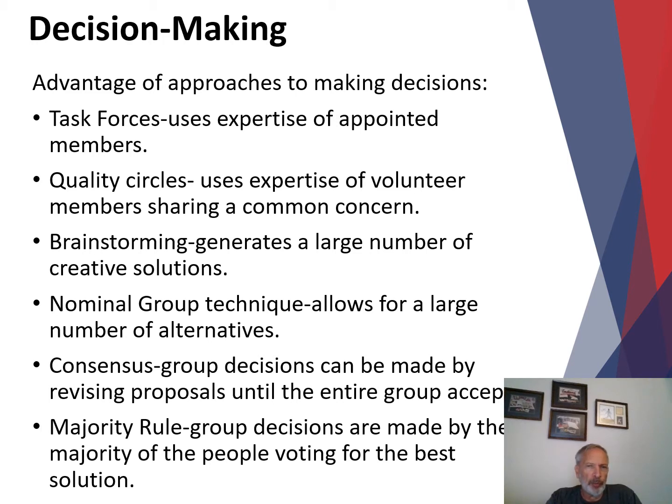A nominal group allows for everyone to make a suggestion, and then they slowly hone that down. Consensus groups can be made revising proposals until the entire group accepts, and that's what happens a lot of times with a nominal group. And majority rules, made by a democratic situation in which everyone has a voice and the majority rules in that decision.